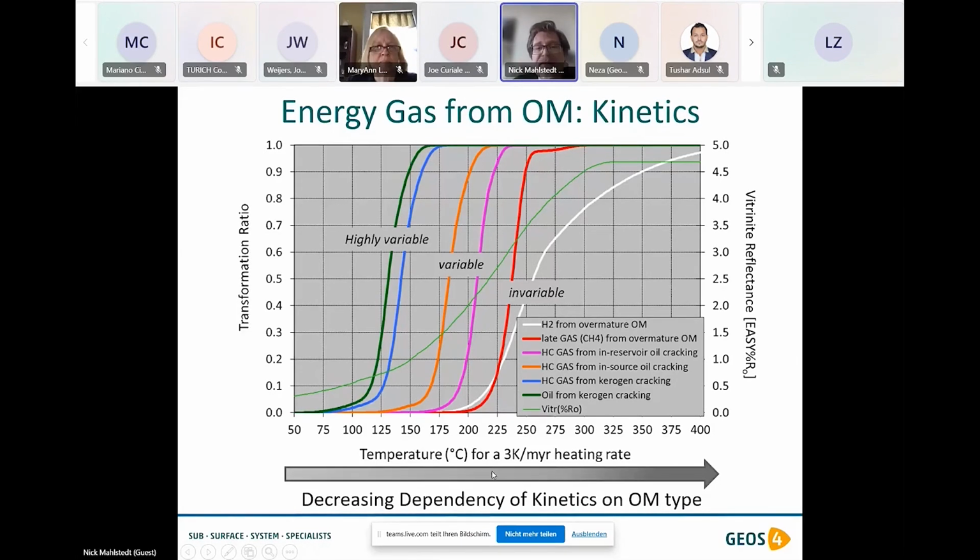So the kinetics really seem to be invariable for those late gas generation curves, which makes sense because the dominating reaction mechanism is polycondensation and ring growth within the spent organic matter.